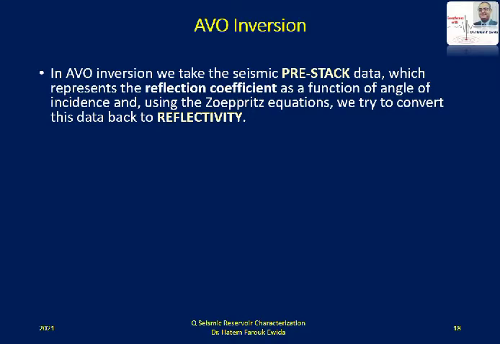And we use the Zoeppritz equations. We try to convert this data back to reflectivity. What is the reflectivity? Yes, it is a reflection coefficient, and back to the acoustic impedance. And the acoustic impedance is rho times V, so I can convert into the rho and the velocity.